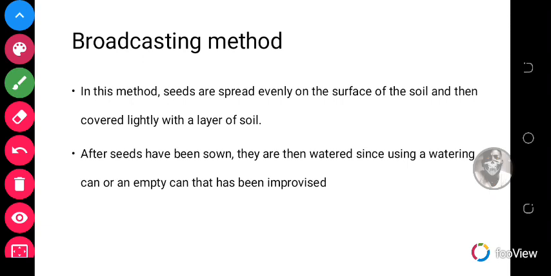But the next thing that happens is that a layer of soil will be used to cover the seeds. After the seeds have been sown, they are also then watered, using a watering can or an empty can that is being improvised.